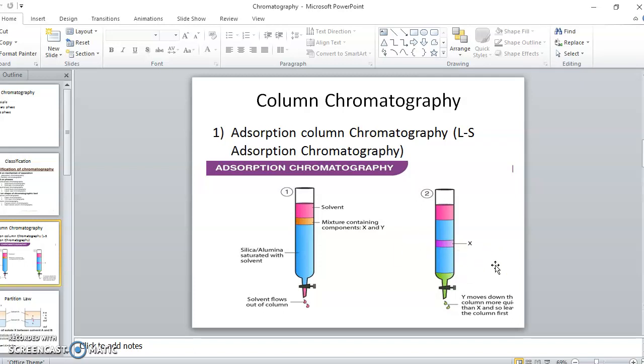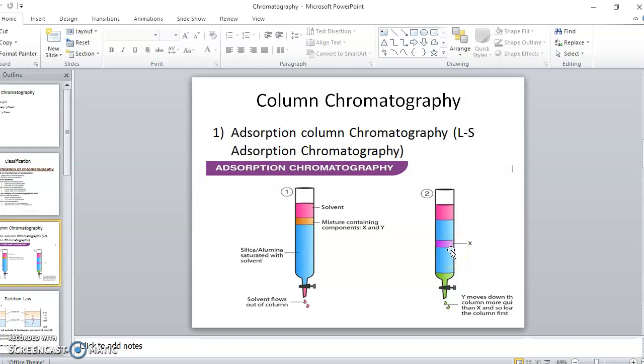Now once the components are adsorbed or separated over the stationary phase, what we have to do is separate the adsorbed components. Here you can see the component X is adsorbed over the stationary phase. Now we have to remove this component X from the stationary phase.